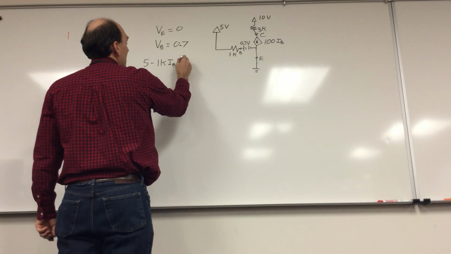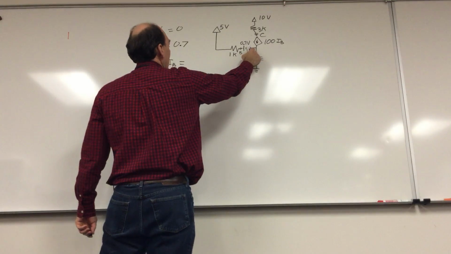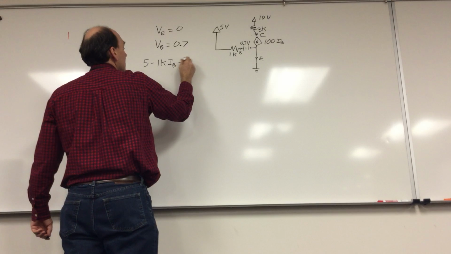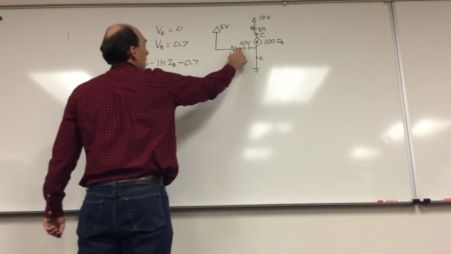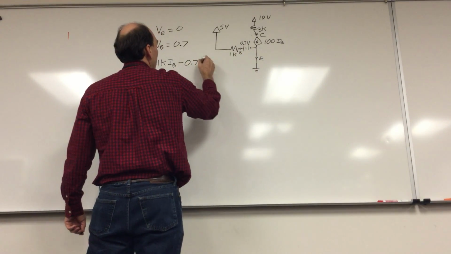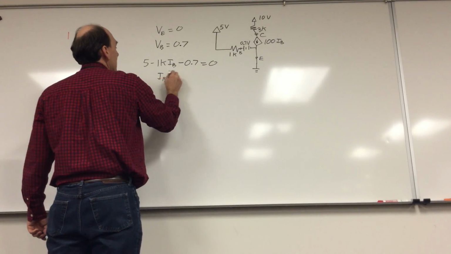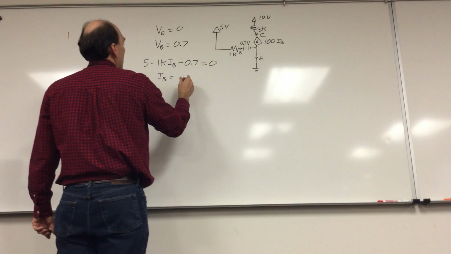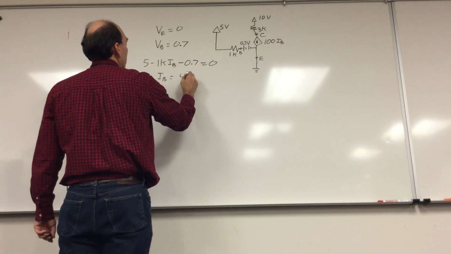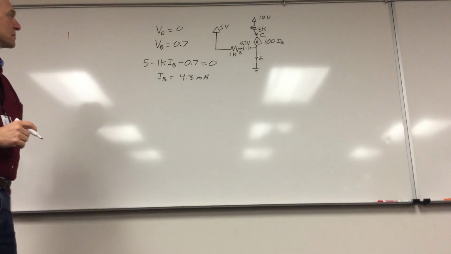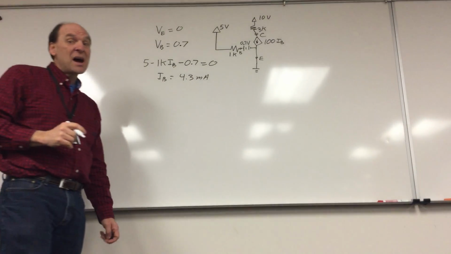So 5 minus 1K IB minus 0.7, that's the voltage drop here, and we're at ground. So we can solve this for IB. IB is equal to 4.3 milliamps. That's quite high for a base current.